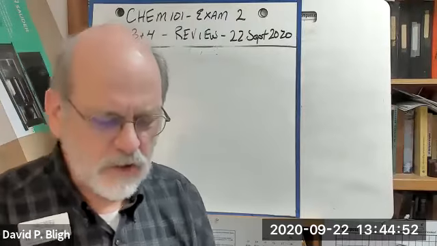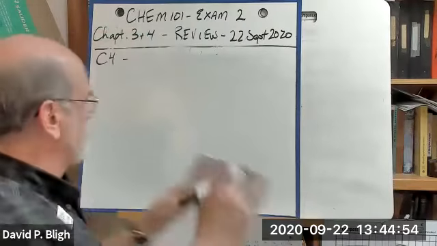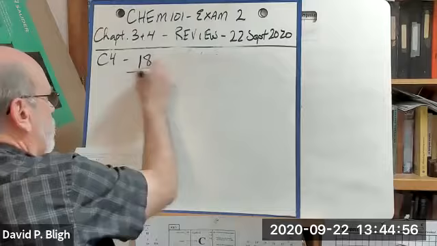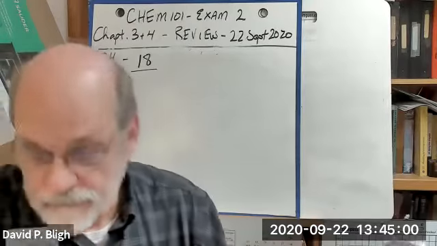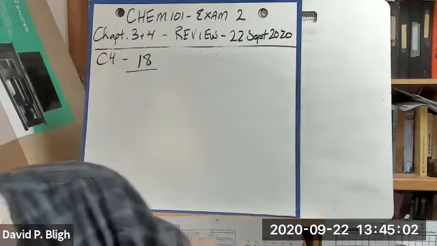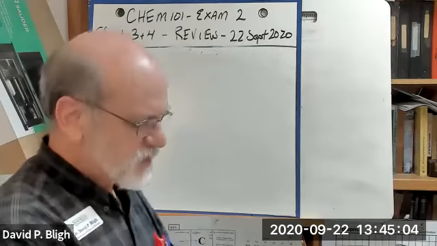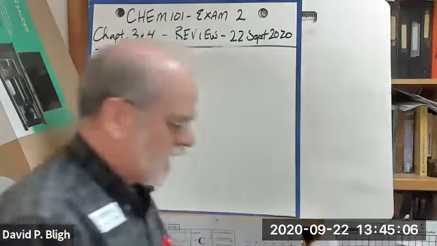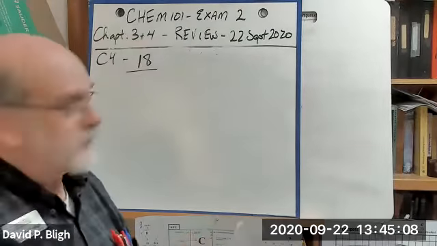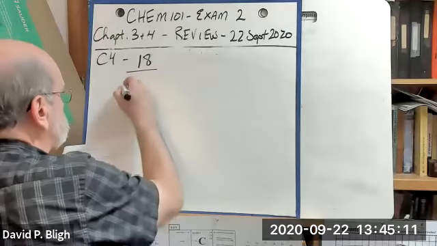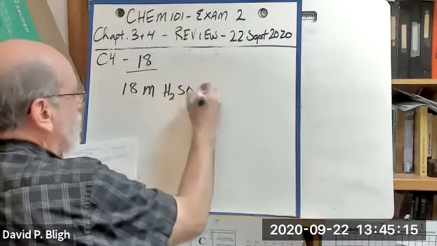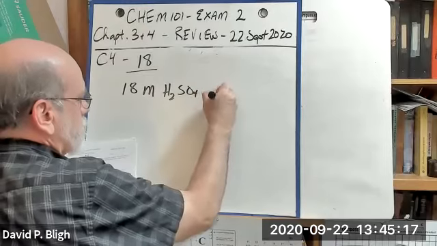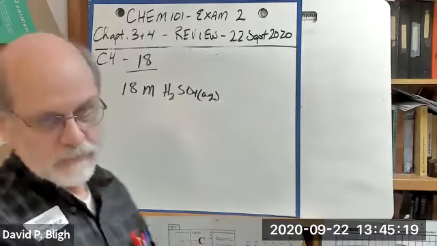The next one is a dilution problem, number 18. So let's say you have an 18 molar sulfuric acid, 18 molar H2SO4 aqueous. 18 molar.